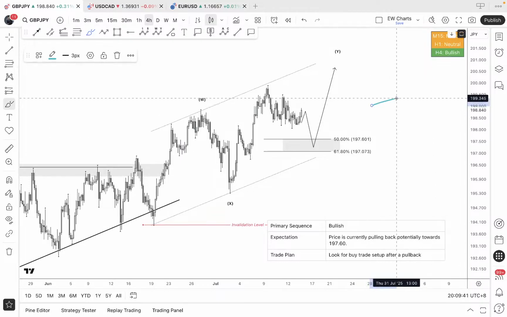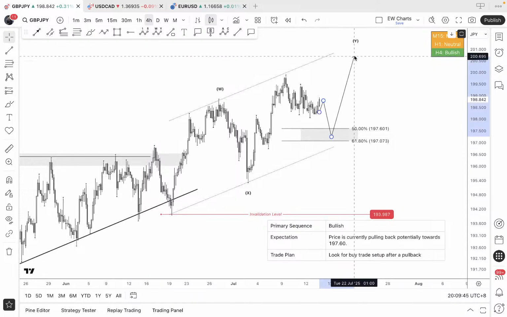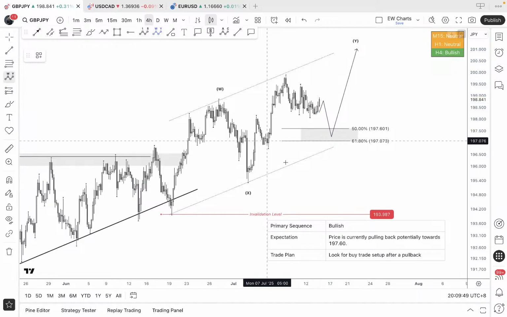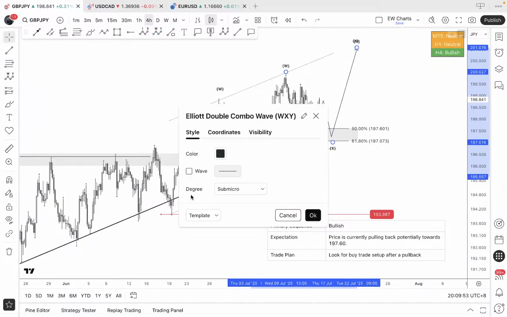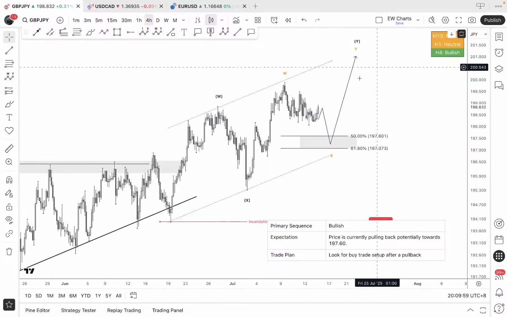Okay. So pound yen here on the higher time frame, you can see that we have a 3-wave WXY expectation, and then on the lower inner structure here, we are also expecting a simple 3-wave move. Right? So we have a smaller 3-wave within a bigger WX.